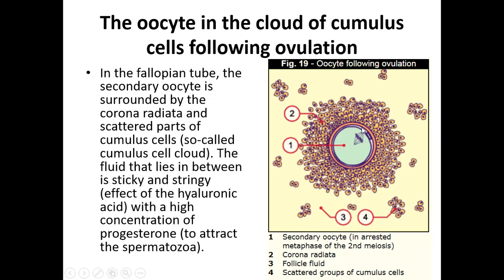When sperm cells get closer, they have to penetrate this barrier. Without this barrier, it would be tough. We discussed it in the previous lecture also, how formation of the zona pellucida happens and what its function is.